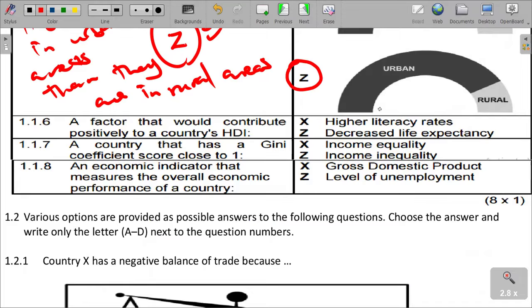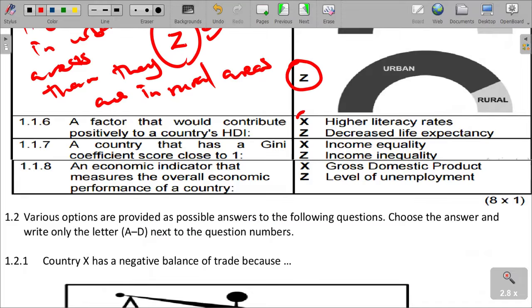So now, number 6, we can say that a factor that would contribute positively to a country's health development index: high literacy rates, decreased life expectancy. High literacy rate is the ability to read or write.